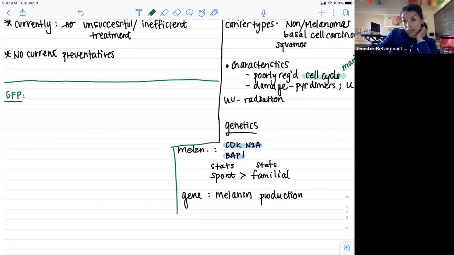So maybe you had time to do this, maybe you didn't, but go ahead and take 20 seconds. Anything that you talked about regarding GFP in your group, it could be what does the name stand for, it could be the length, it could be number of X, whatever you talked about. So go ahead and type it in. Do not press enter.